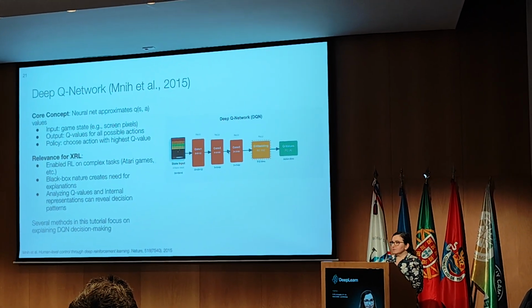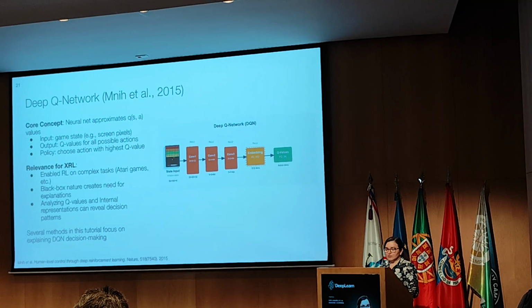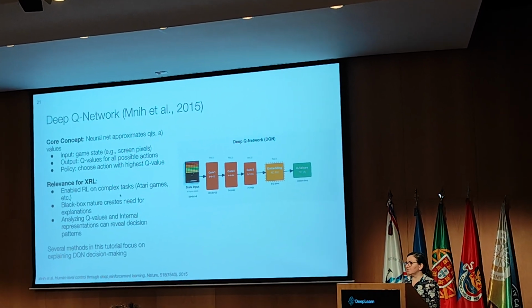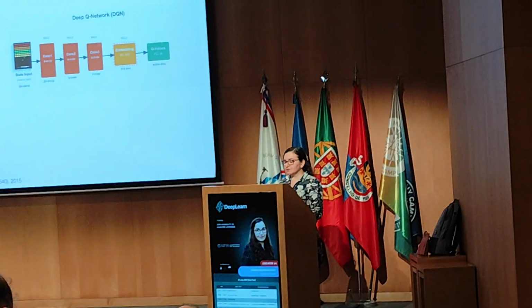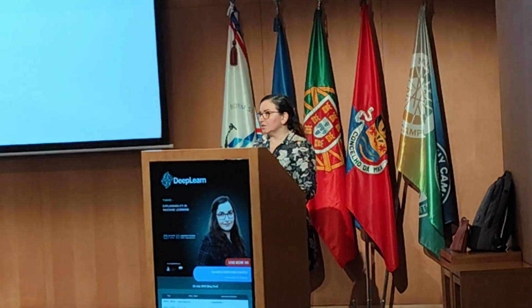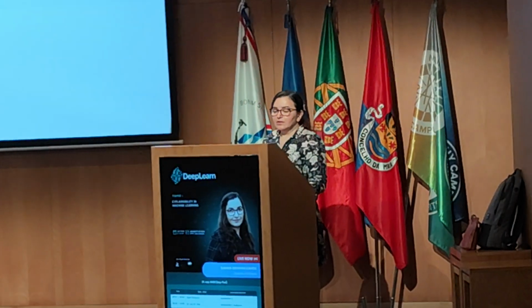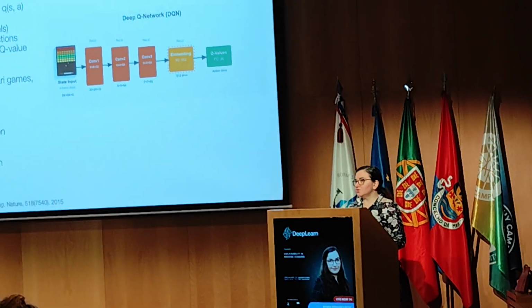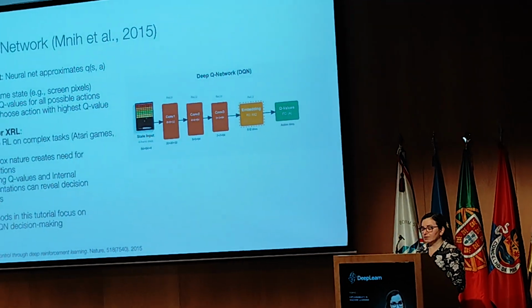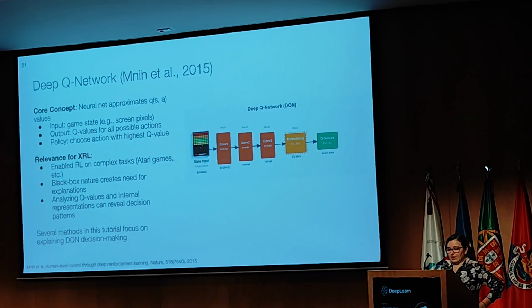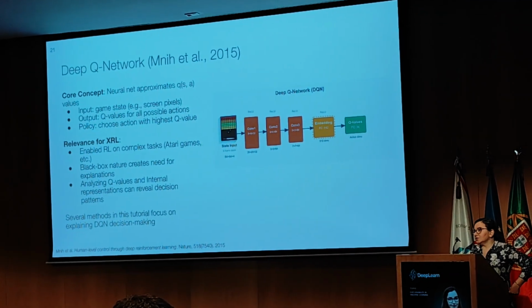Now, what is the relevance for XRL is that it enables this kind of learning for very complex games. It was the first time that we could solve Atari games. Then again, because we're using neural networks, we have this black box nature, and we would like to understand where the decisions are made. We want to analyze these Q values and look at internal representation.